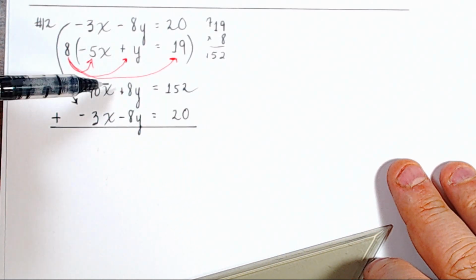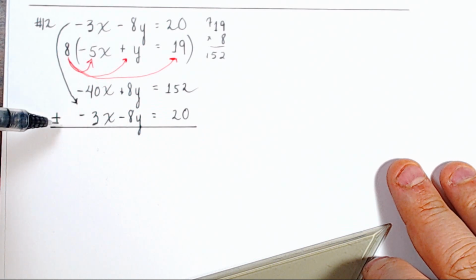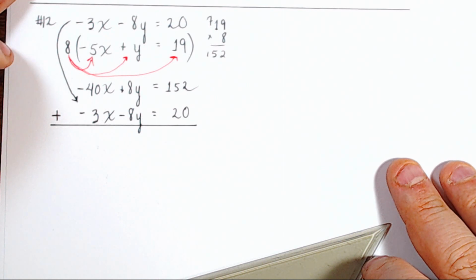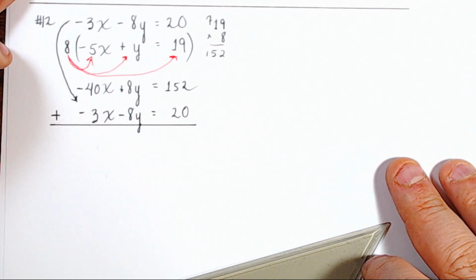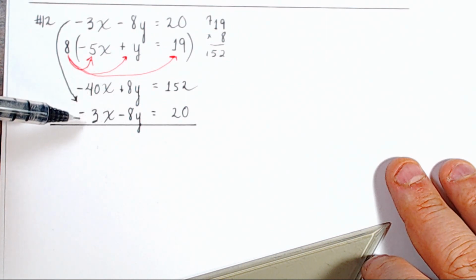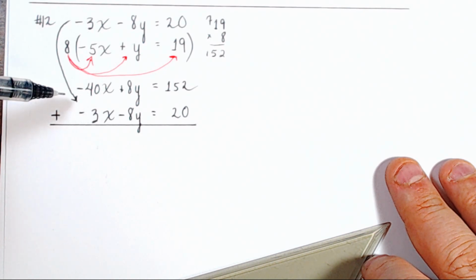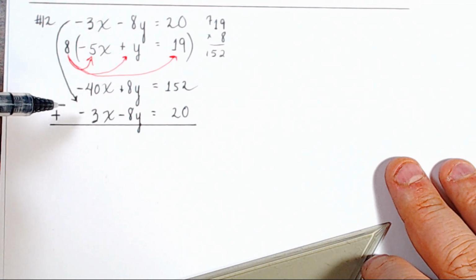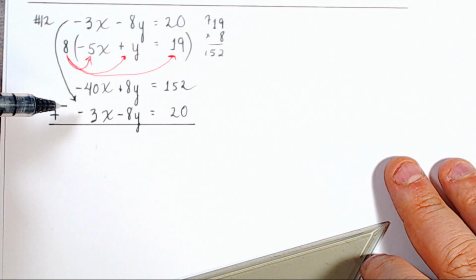So we're going to add negative 40x plus negative 3x. Negative 37? Well, I have negative 40 and negative 3. When I add negative 40 to negative 3, don't I just get a bigger negative number?